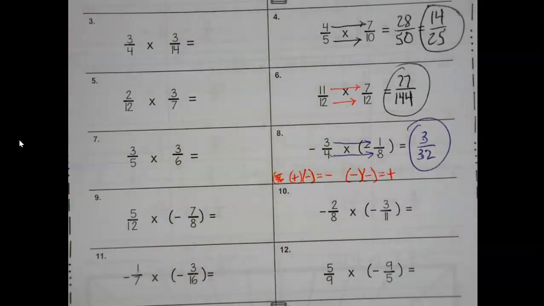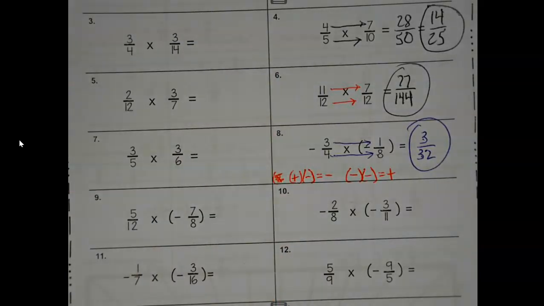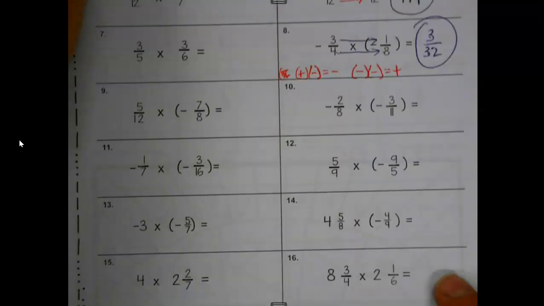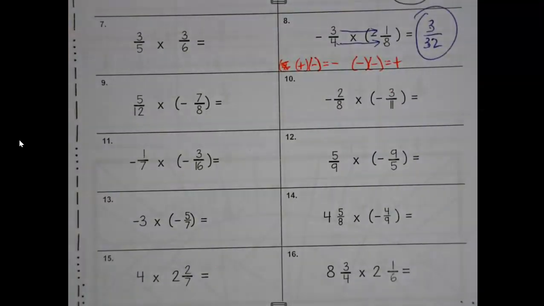Nothing divides into both 3 and 32. Well, 1 would, but nothing of any circumstance. And so with these, that's basically going to be it.